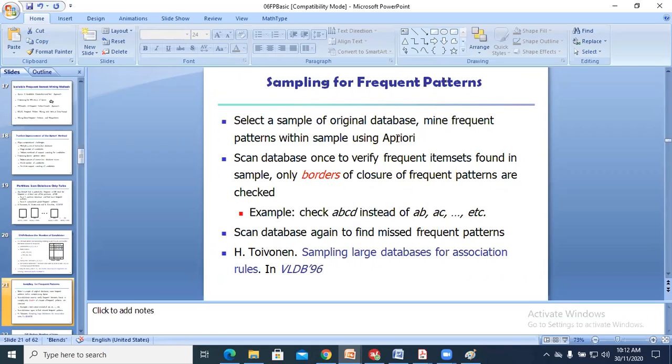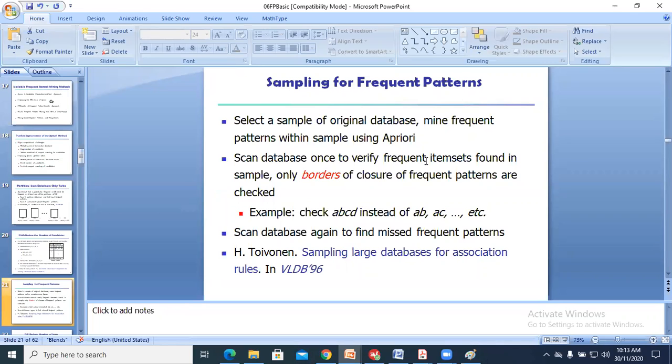And we apply the Apriori approach to find the frequent patterns. Then we scan the database only once to verify whether these frequent item sets from the sample are frequent in the database or not.